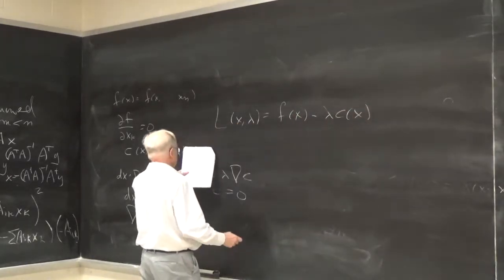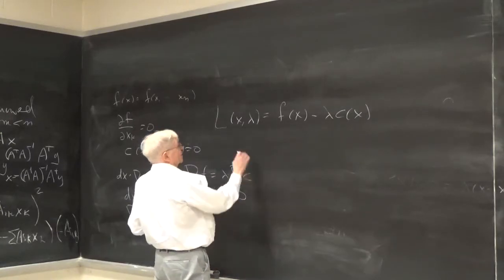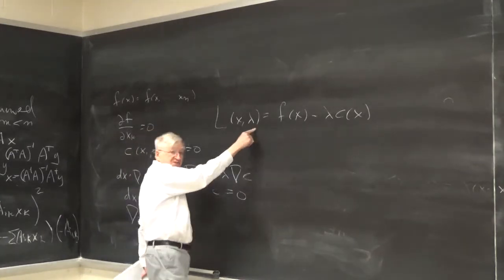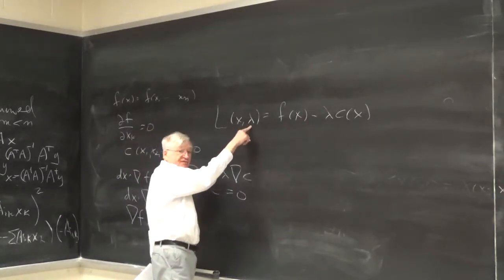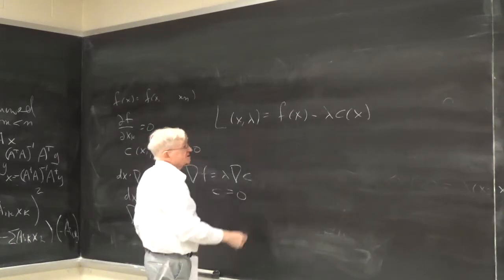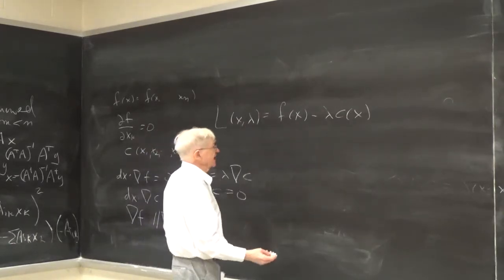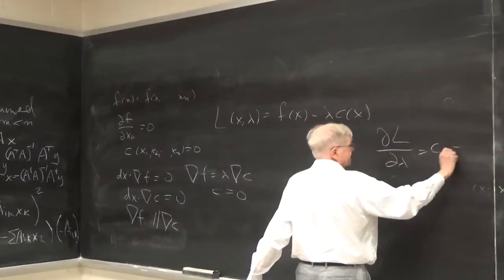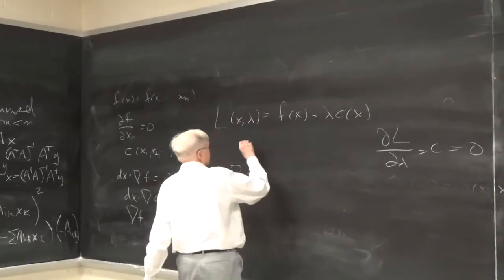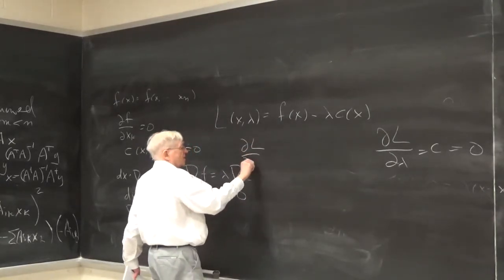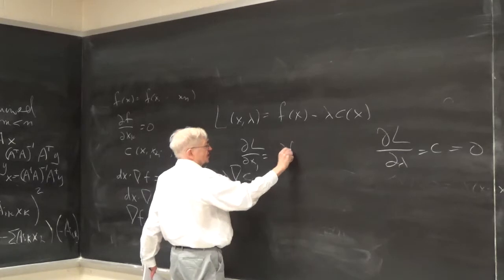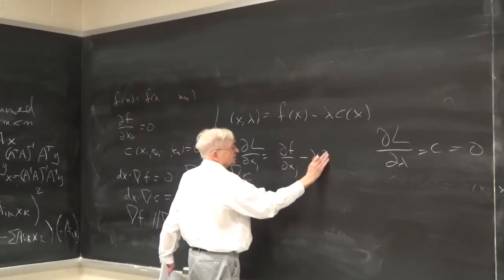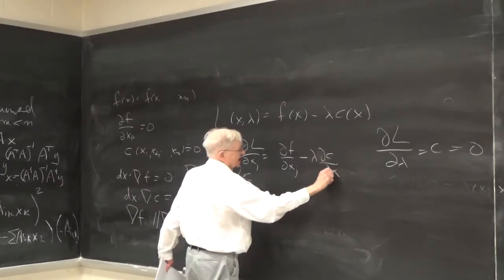All right, we're basically out of time here. And now we look for the minima and maxima of this function. This is a function of n plus 1 variables because it's got the extra variable lambda in it. So the derivative with respect to lambda is c, and we set that equal to 0. The other derivatives are partial L, partial xj is partial f, partial xj minus lambda, partial c, partial xj.